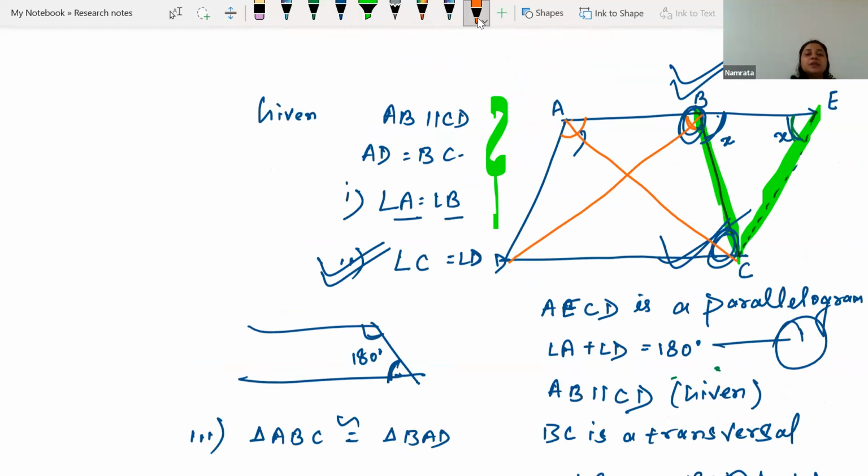Okay, ABC and BAD. Let me mark the triangle properly so that you can see the figure. ABC, this one, and BAD.